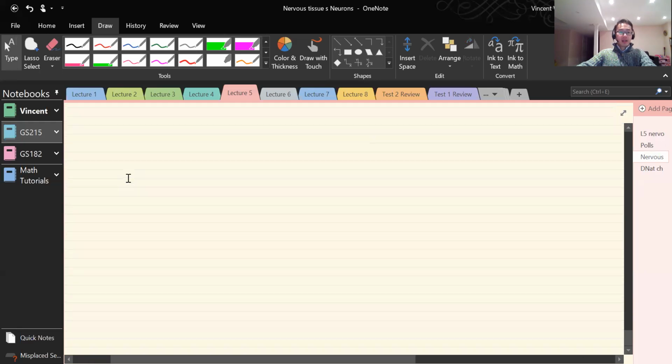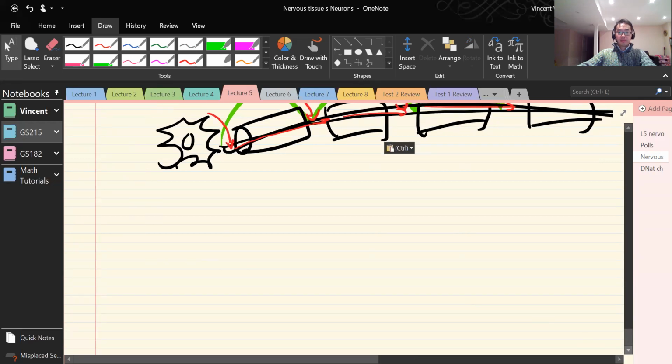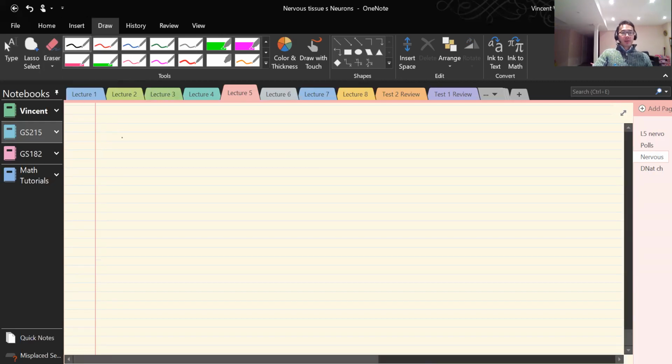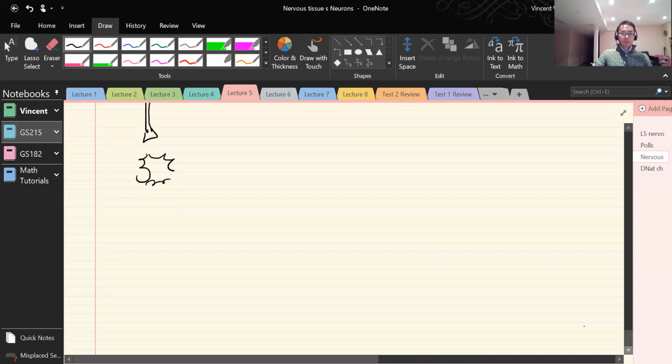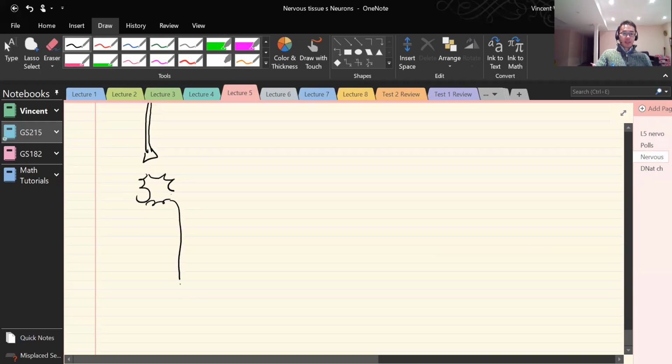Okay, so now let's talk about synaptic connections. Here we have one neuron, and then here we have another neuron. I hope you're still drawing with me, right?